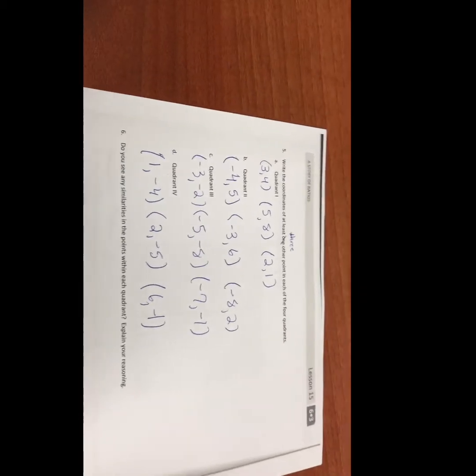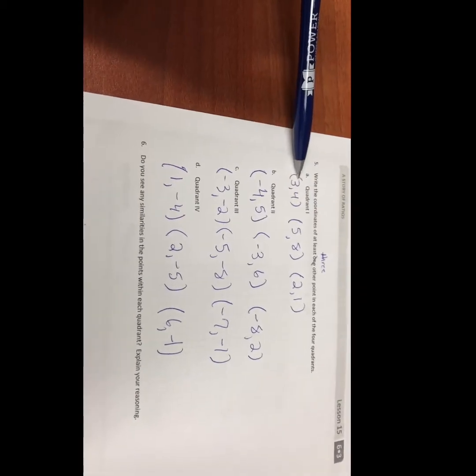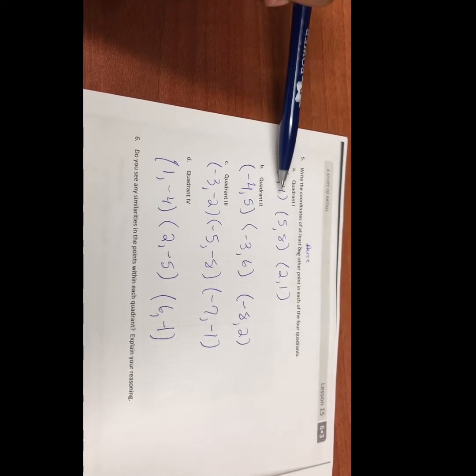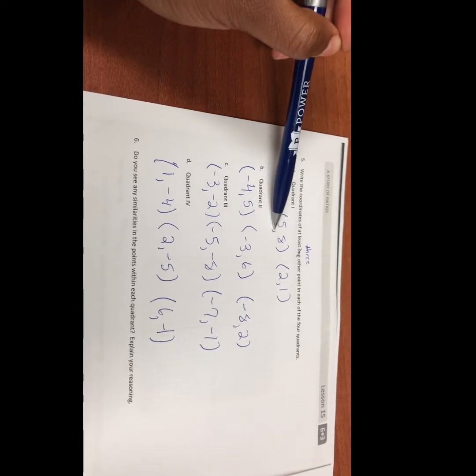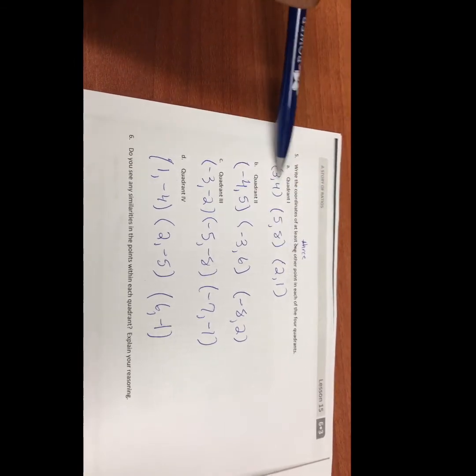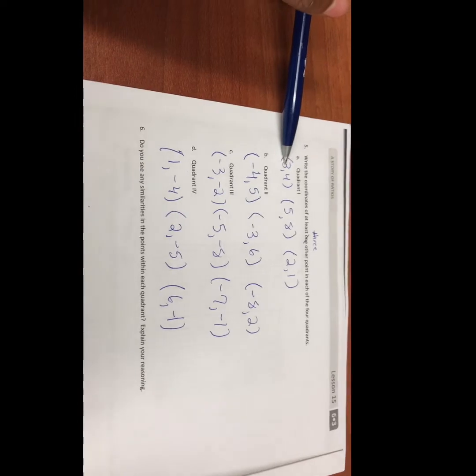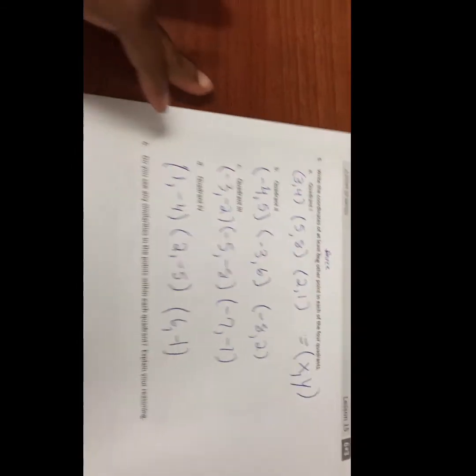If I look at quadrant 1, I see that both the x coordinate and the y coordinate are going to be positive. So in quadrant 1, the x coordinate is positive and the y coordinate is positive.